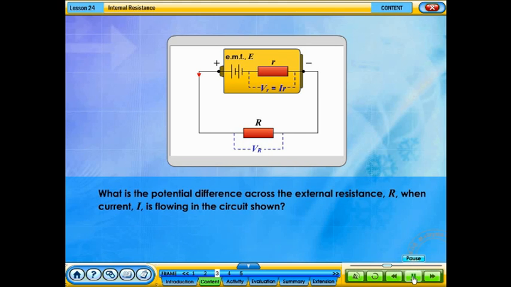What is the potential difference across the external resistance R when current I is flowing in the circuit shown?